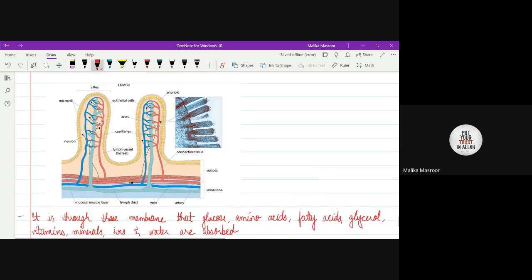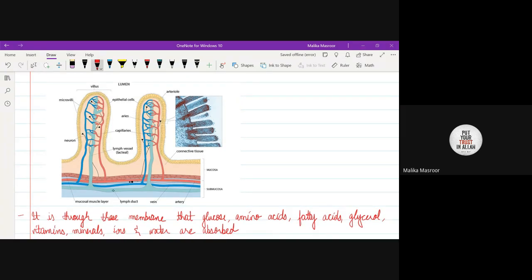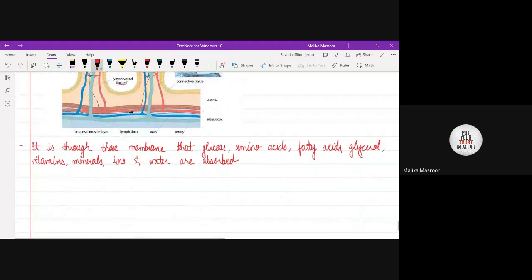And if you can see this lacteal inside, this lymph duct, this lacteal lymph vessel, fatty acids and glycerol pass into the lacteal.